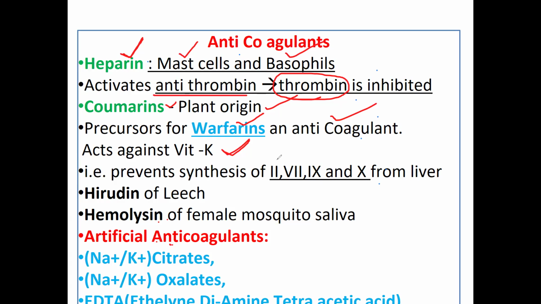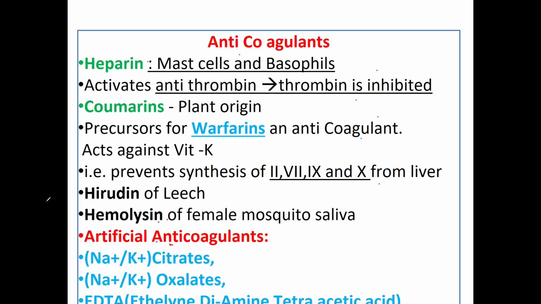Particularly the second, seventh, ninth, and tenth are not formed if there is no vitamin K. And we all know that hirudin, which is present in the saliva of the leech, is also another natural anticoagulant. And hemolysin of mosquito saliva is also another natural anticoagulant, just like heparin and hirudin.